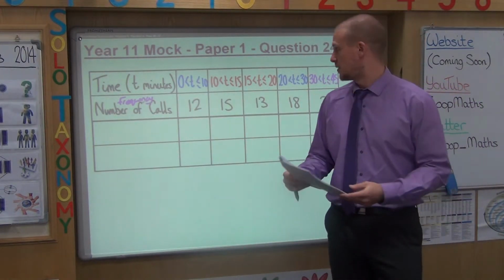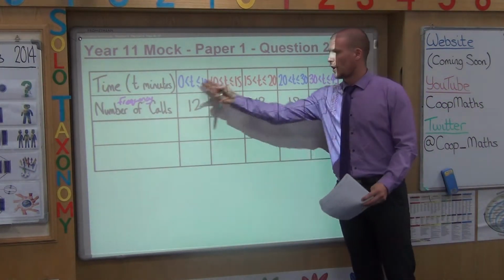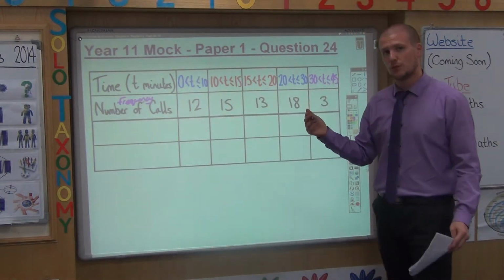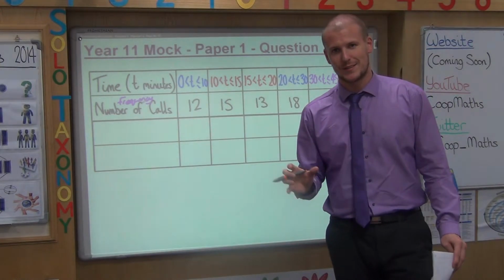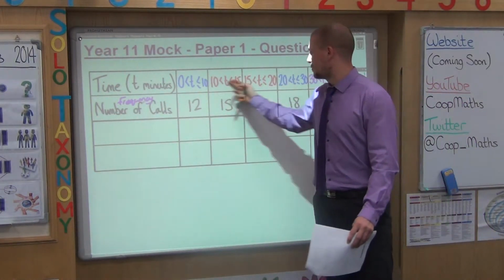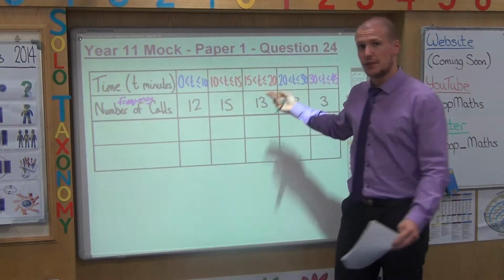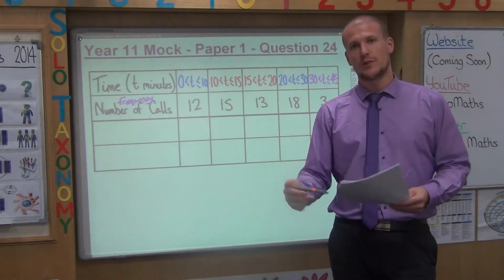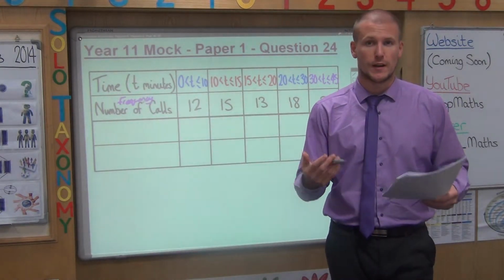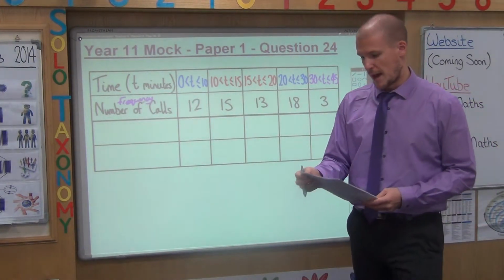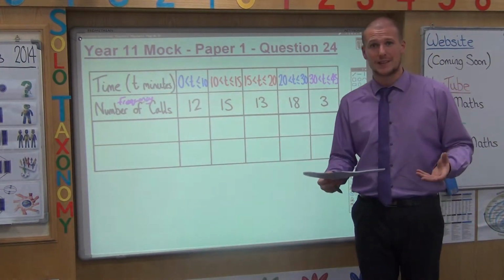And the reason for that is, as I've highlighted here in colour, the classes that you are given, the 0 to 10, the 30 to 45, so on, they're all different widths. You can't draw a normal bar graph or histogram when you have different widths of bars. They all have to be equal. Otherwise you end up with a chart that doesn't look right, and it becomes biased in a way.